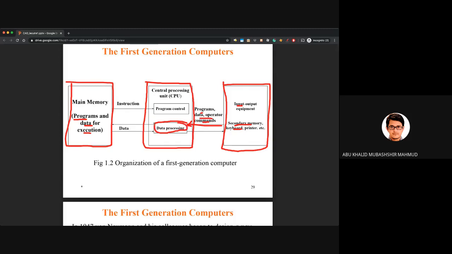And what instructions we need to perform, what programs need to be performed, we fetch from the main memory, and then the instruction is given to the program control, which executes the programs, and using the data from the main memory, the data is processed, and finally the output is given to the printer. This is the basic building block or working procedure of the first generation of computers.